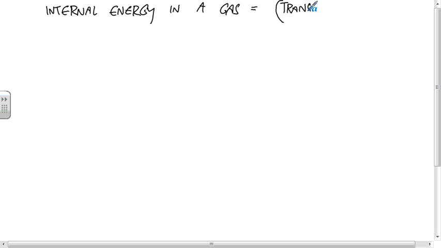Okay, so the internal energy of a gas is equal to the translational kinetic energy of the gas plus the rotational kinetic energy. The internal energy of a gas, I'm going to give the name uppercase U. We're going to talk about that a lot.